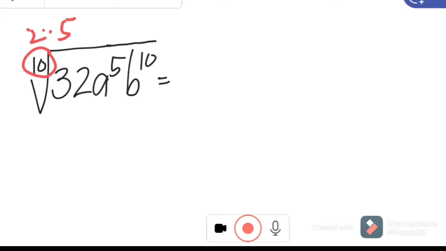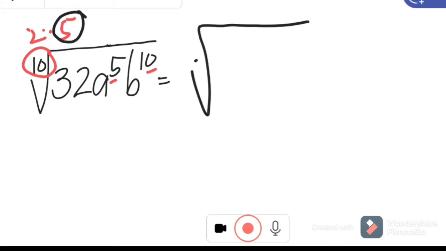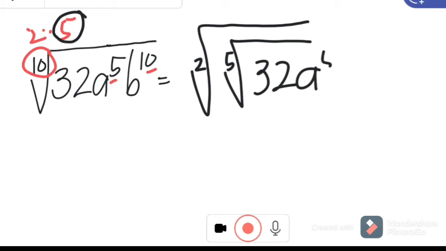Since the exponent here is divisible by 5, 5 is the inner index of the radical. So we have the square root outside, and the fifth root inside, of 32, a raised to 5, b raised to 10.